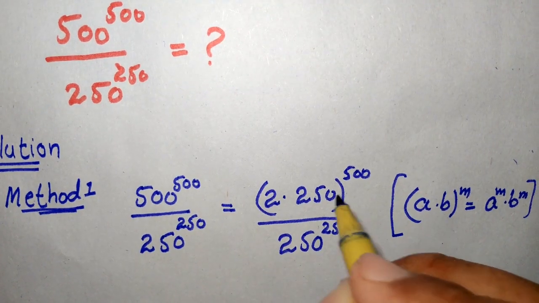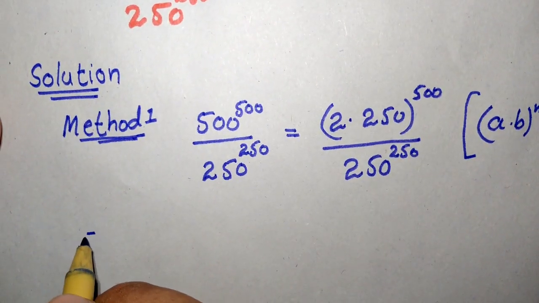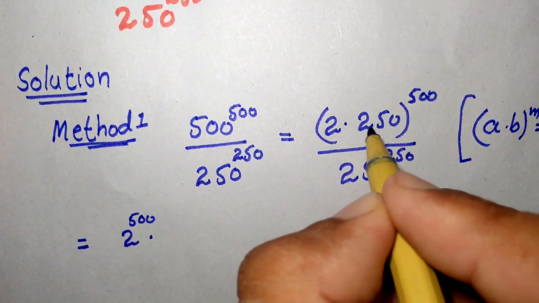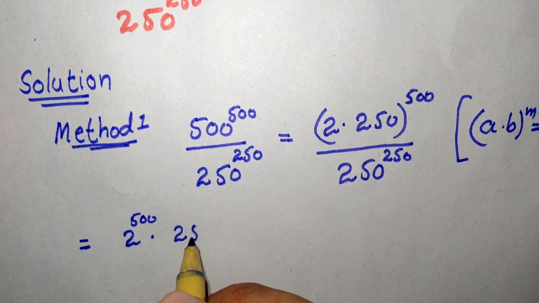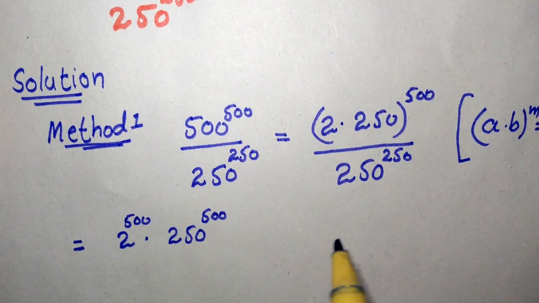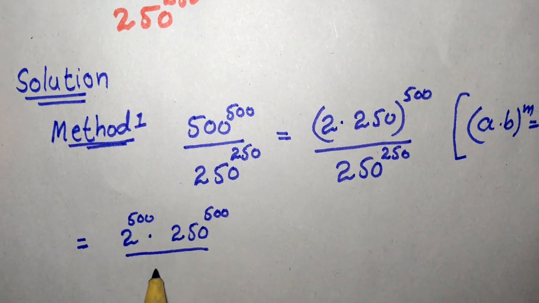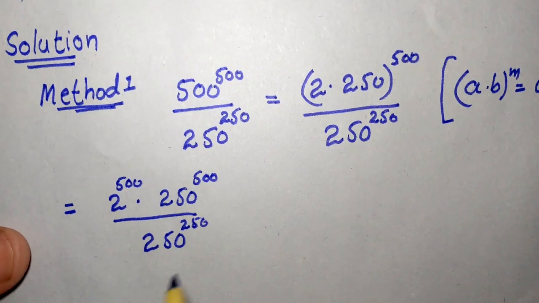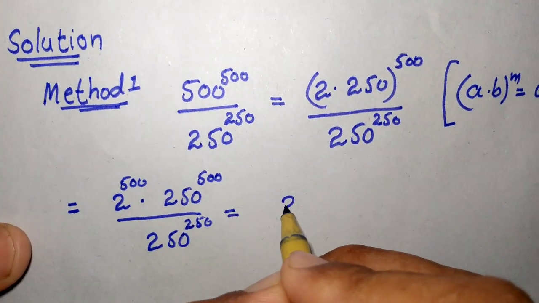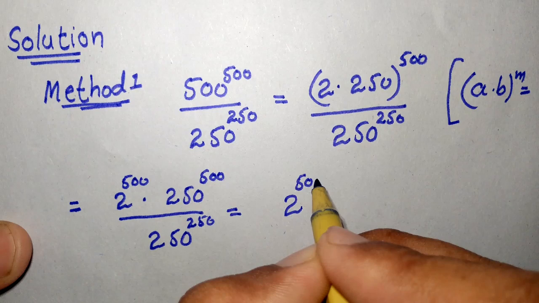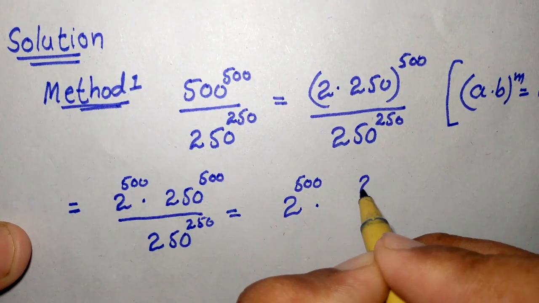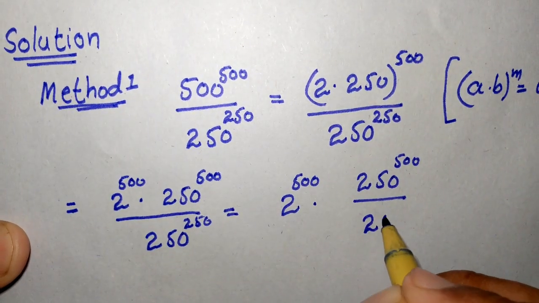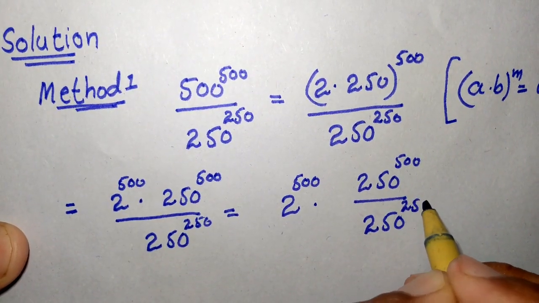So when we apply this condition here, this will become 2 to the power of 500 times 250 to the power of 500 divided by 250 to the power of 250.